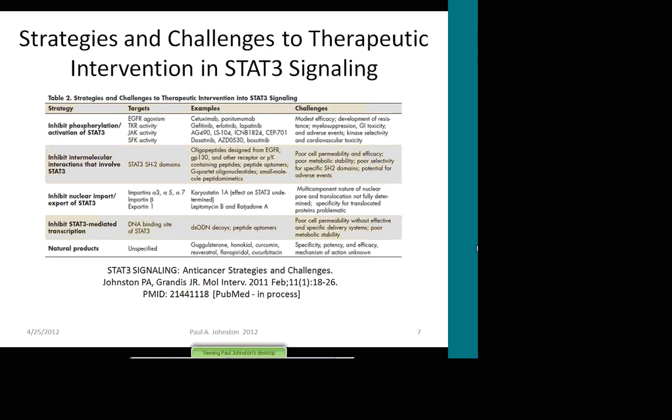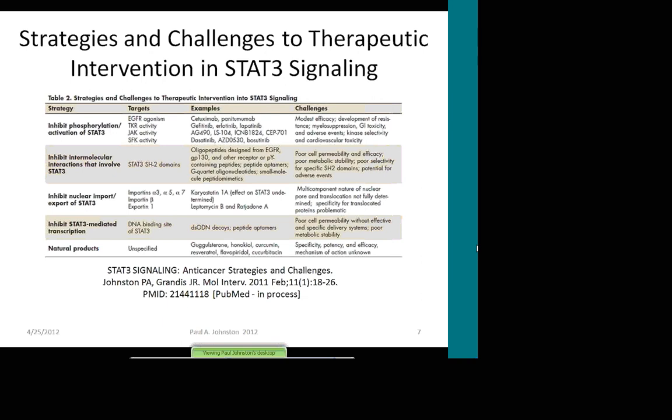There have been a number of strategies that people have tried to inhibit STAT3 signaling, including inhibition of phosphorylation or activation of STAT3, and there are a number of compounds out there that have been approved for inhibiting receptor tyrosine kinases, the JAK kinases, and Src family kinases, and a number of those are in clinical trials.